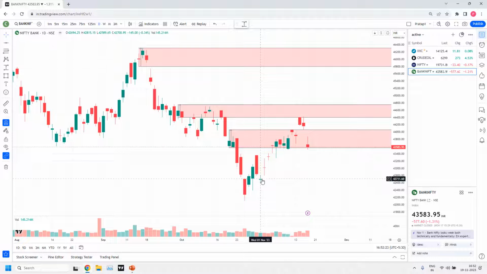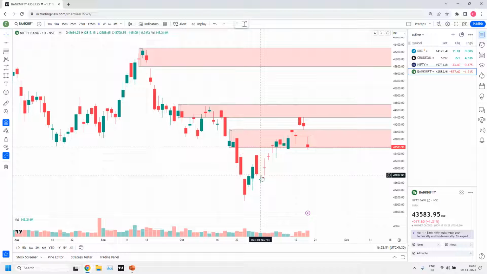Even if you add the gap as an invisible body, this candle is still a narrow range candle, not even a medium size candle. It is a small candle. Whether it has a complete 100% body, or 50% body, or almost 0% body, whatever it is, a narrow range, small candle is always a base candle.